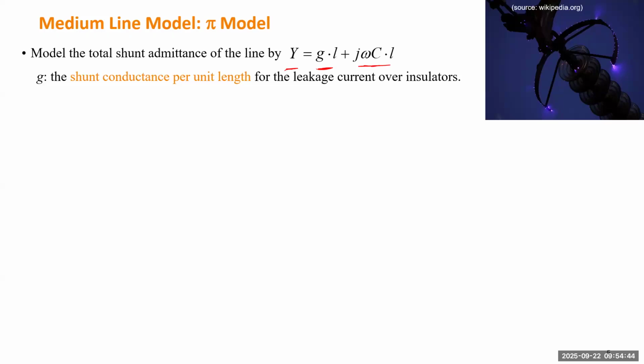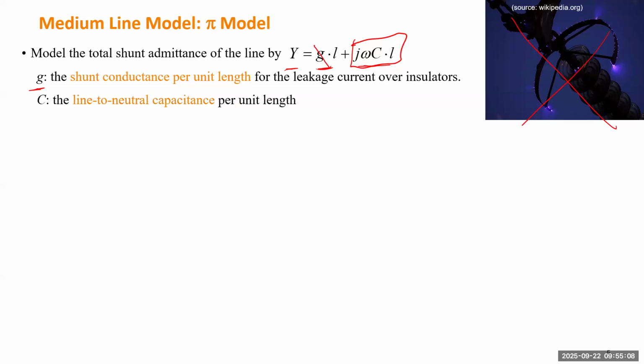If the corona effect is a real concern, which causes loss of energy due to leakage current over the insulator, you may want to model G. So use G to model how much energy is lost due to this effect. If that's not a big concern, G can usually be ignored, but you still need to model C here.